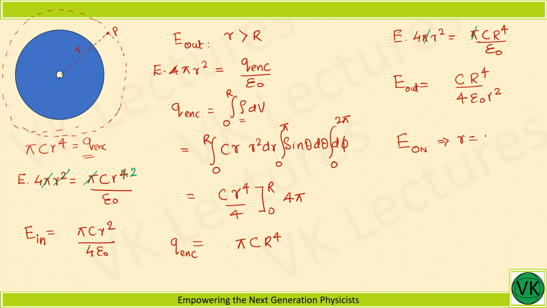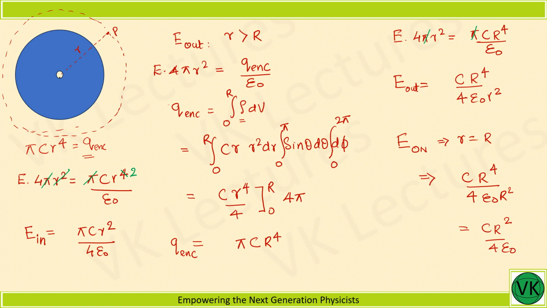Now if you want to find out the electric field on the surface, we have to substitute r equal to capital R. So then we get C R to the power 4 by 4 epsilon naught, small r equal to capital R squared. So that's equal to C R square by 4 epsilon naught. Here we have made a small mistake.